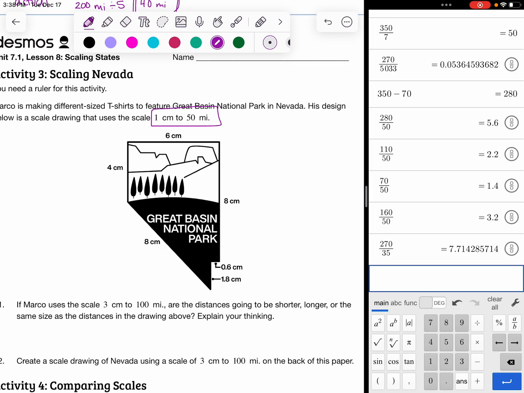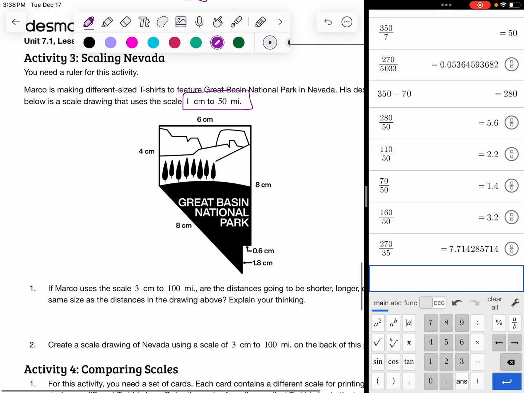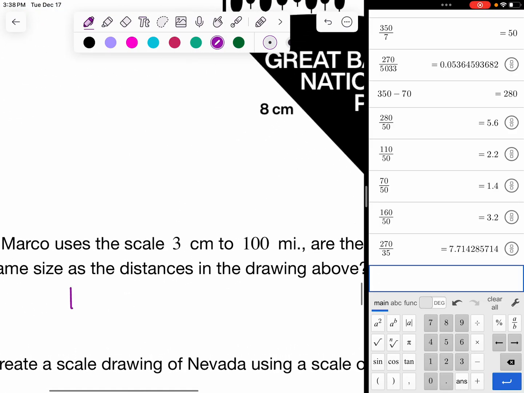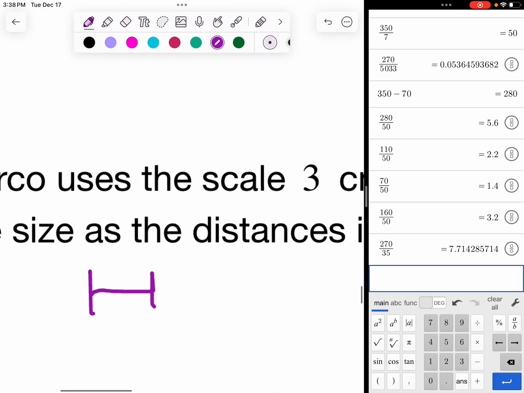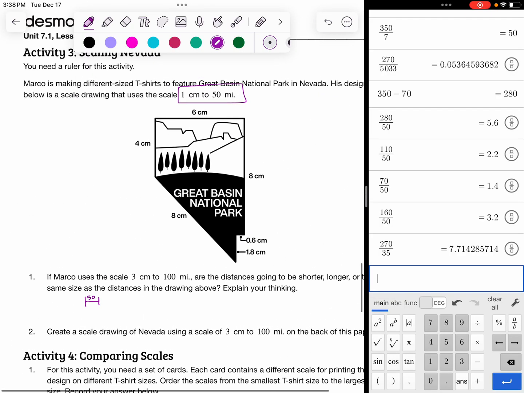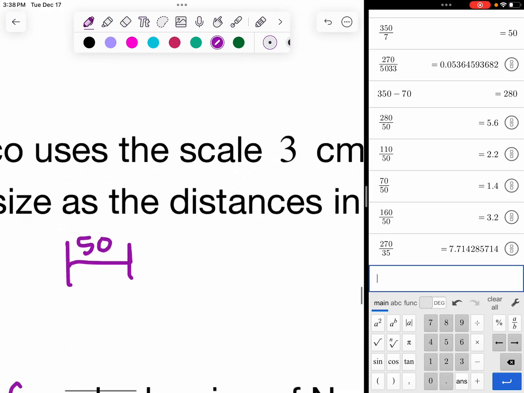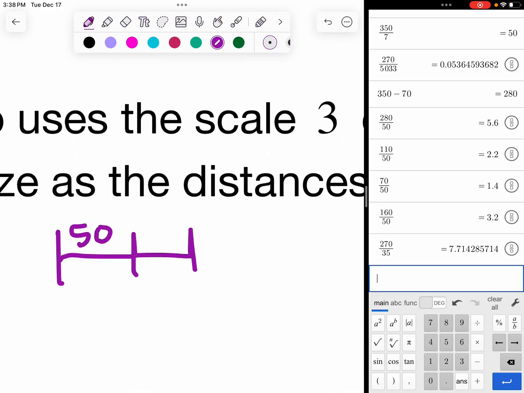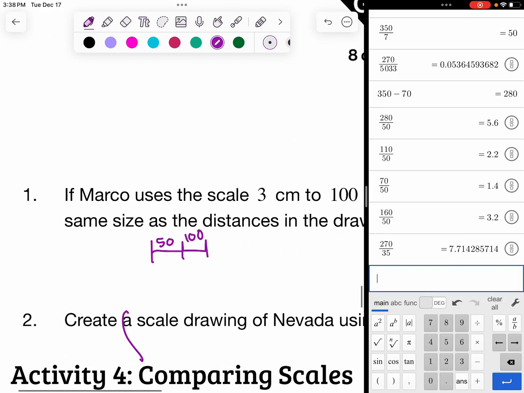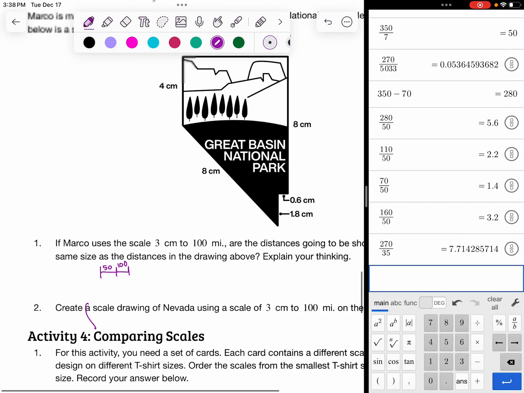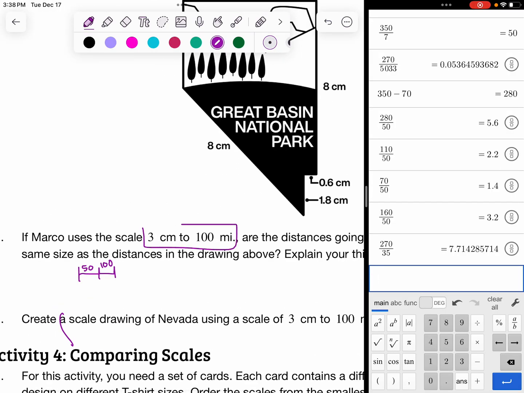Well, I like to make them the same when I do this. I like to draw a little picture. So if we take a look at Marco's scale, it was 1 centimeter equals 50. So I'm just going to draw a little picture. 1 centimeter equals 50. Okay, if I have 2 centimeters, that would equal 100. Okay, but now if we look at this second one, this scale now is 3 centimeters to 100 miles.